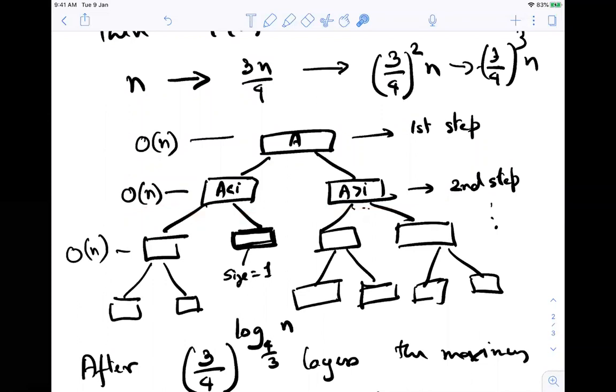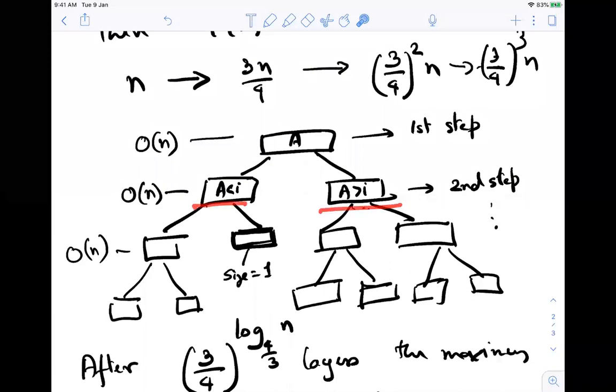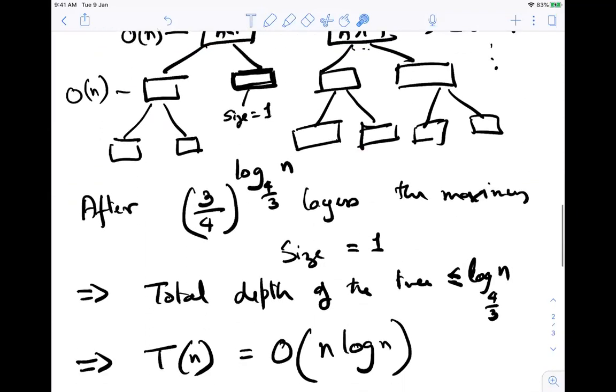I am assuming here that the orders have the same constant hidden, because the same algorithm is applied. So the number of steps required to partition is 2 times k plus 2 times n minus k, which will be 2 times n.